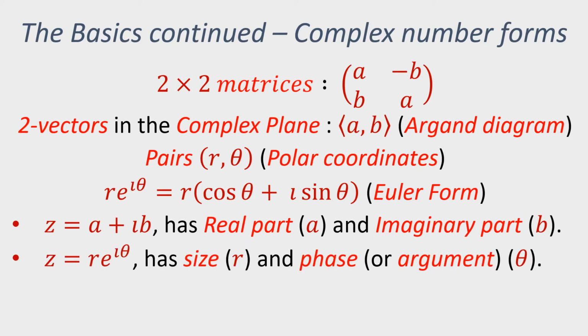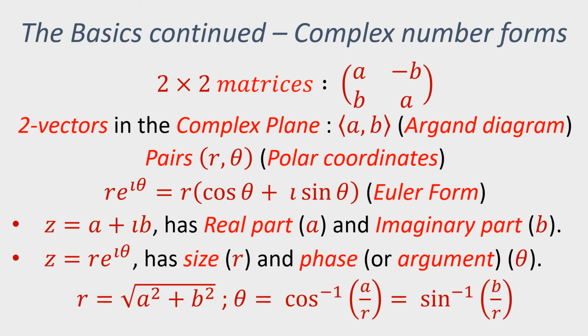In the Euler or polar coordinate form, we think of a complex number as some object r describing the size of the complex number, multiplied by e raised to the power i multiplied by theta. Theta is referred to as the phase or sometimes the argument of the complex number that we're dealing with.